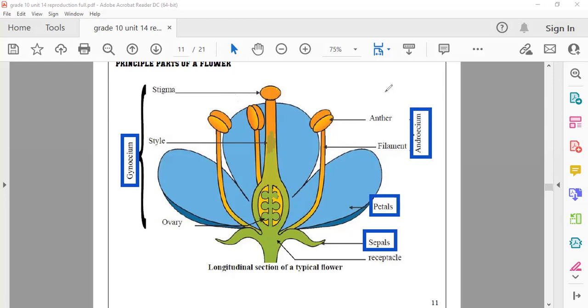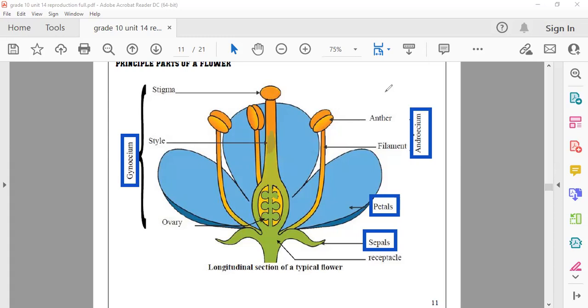Similarly, gynoecium has 3 parts: stigma, style, ovary. It's a jar-like structure. The top is called stigma, the middle tube-like structure is called style, and the bottom flask-like structure is called ovary. So stigma, style, ovary, 3 parts are there for gynoecium.